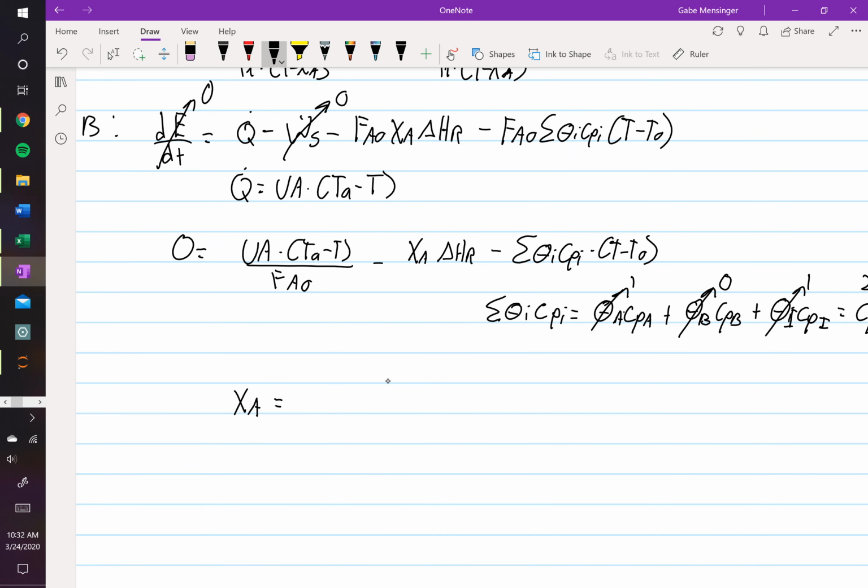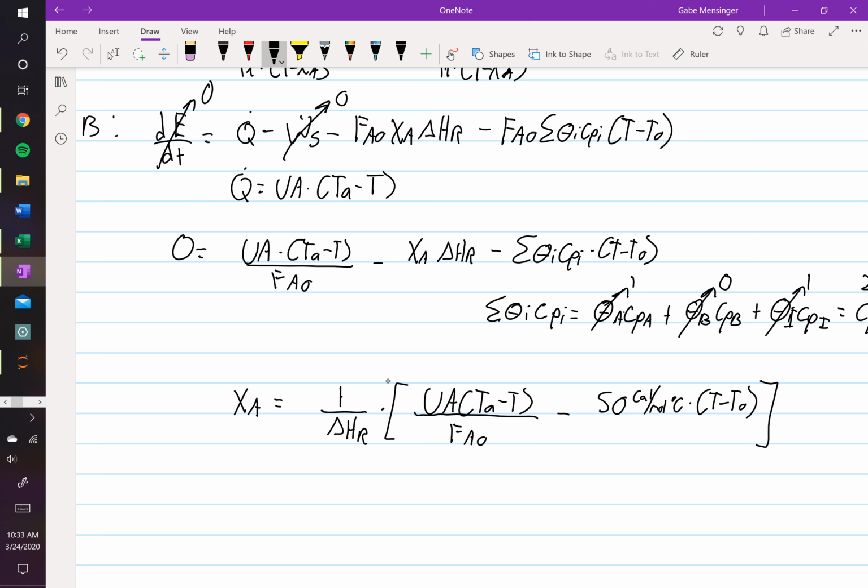So we have X_A is equal to 1 over delta H_R times UA (T_A minus T) over F_A0, minus the 50 calories per mole degree C times (T minus T0).